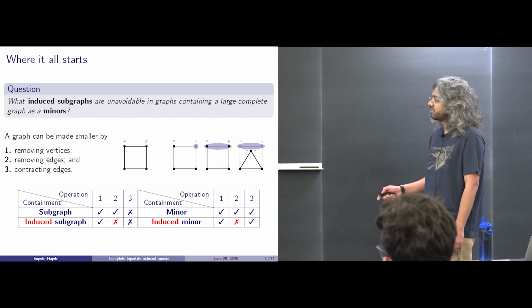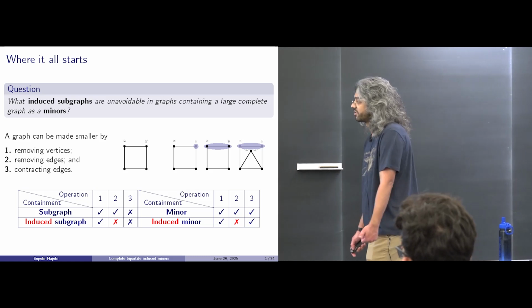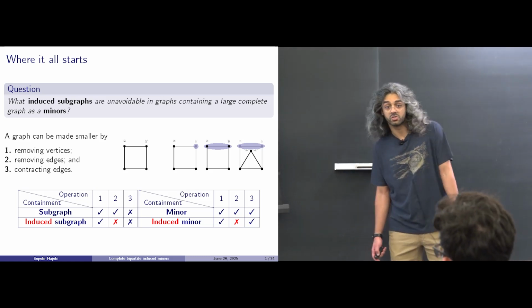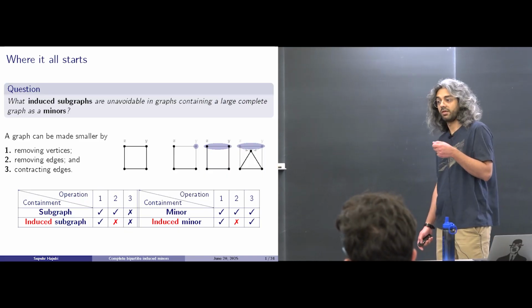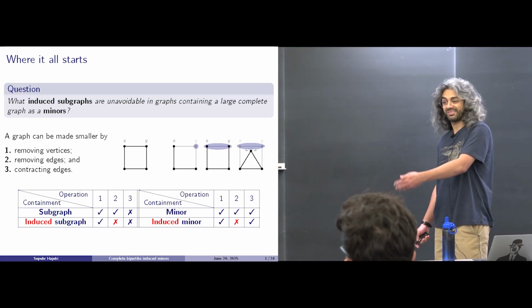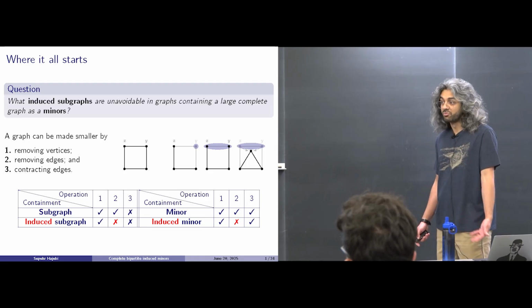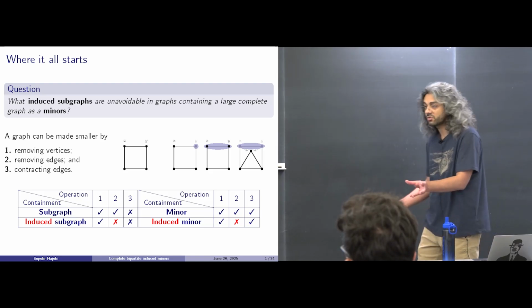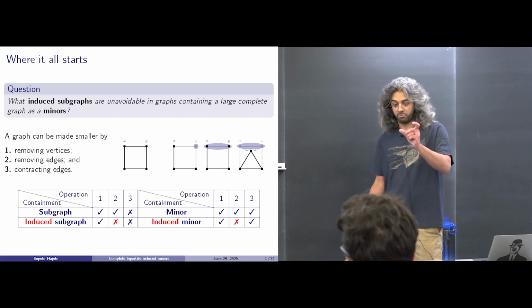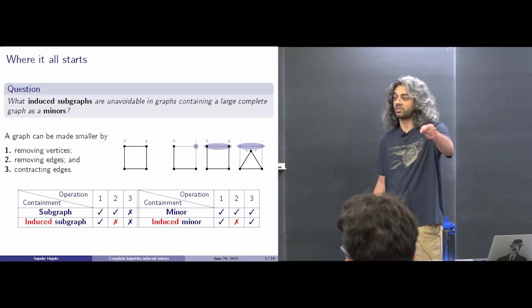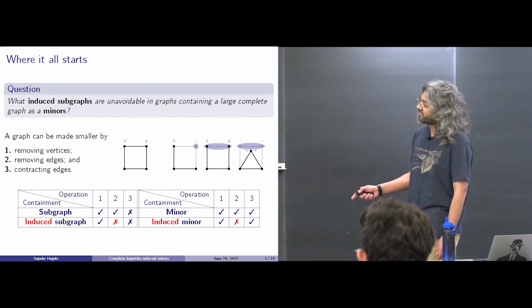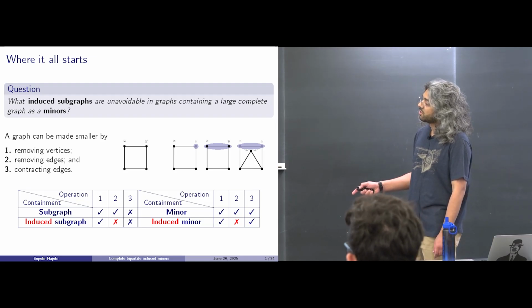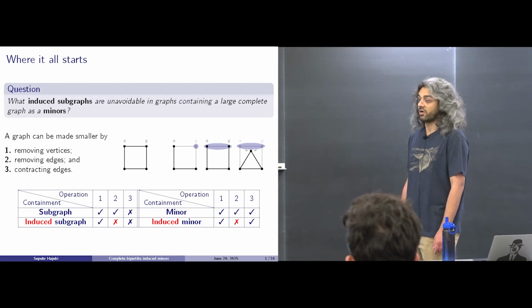And you also have minors, which you obtain by removing vertices, removing edges, and contracting edges. And each one of these containments has an induced version. And the induced version is the same, except it disallows removing edges. So induced containment is very much about whenever you're keeping two vertices that are adjacent, you must keep the edge between them. So induced subgraph means you only remove vertices, and induced minor means you only remove vertices and contract edges.